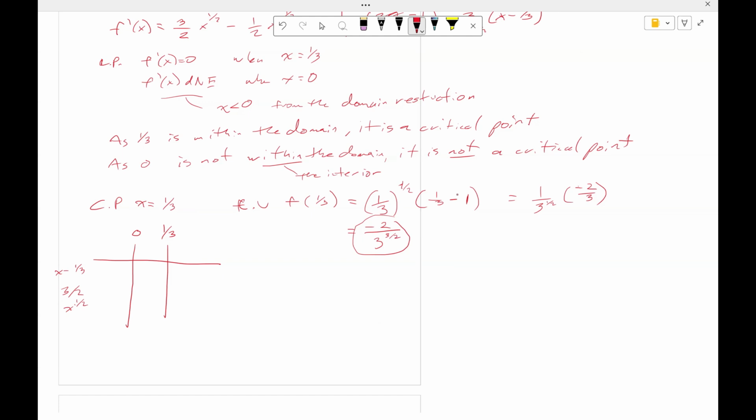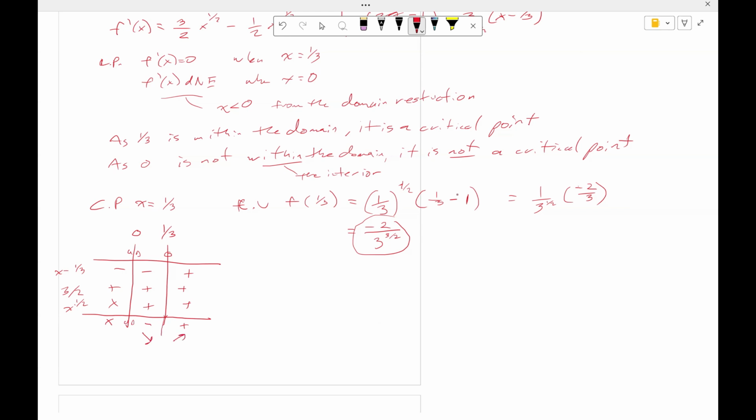X minus 1/3 here, I'm undefined at 0 and I'm 0 here. X minus 1/3 is positive, negative, negative. 3/2 is positive everywhere. X to the 1/2 is positive and then not defined. So the derivative is still undefined at 0. Then it's negative, positive, which means I'm decreasing, then increasing.